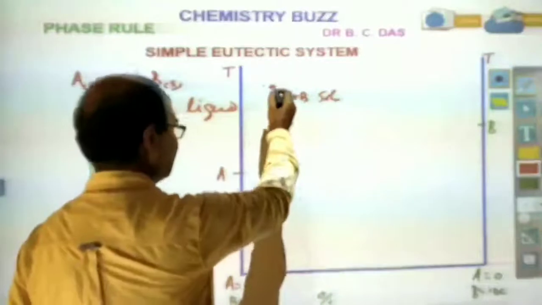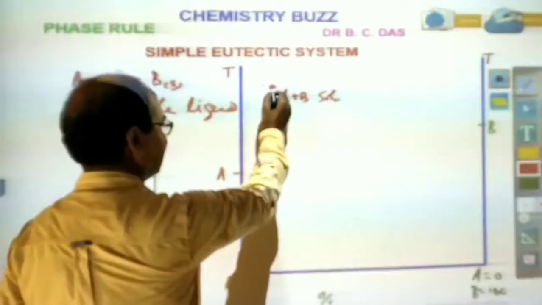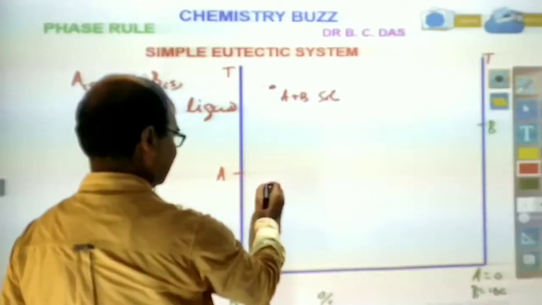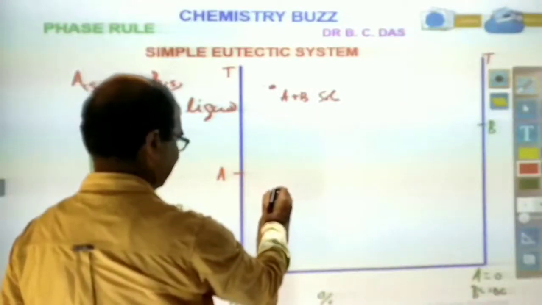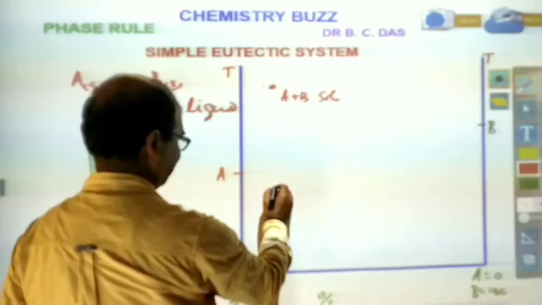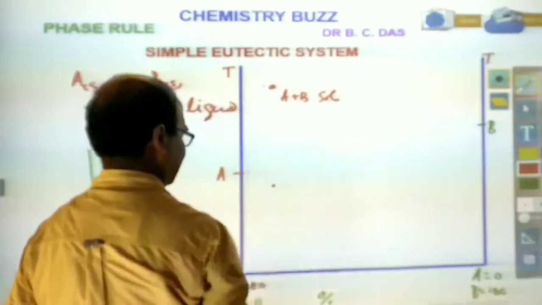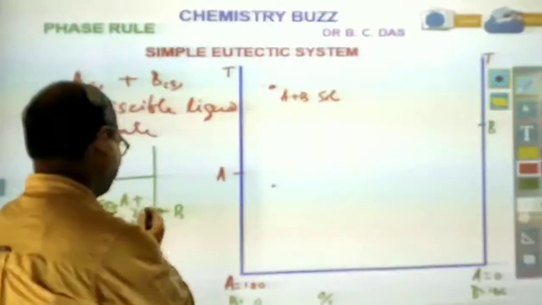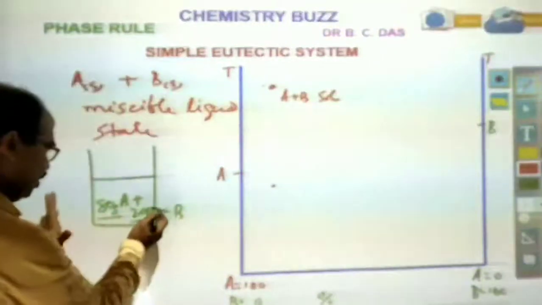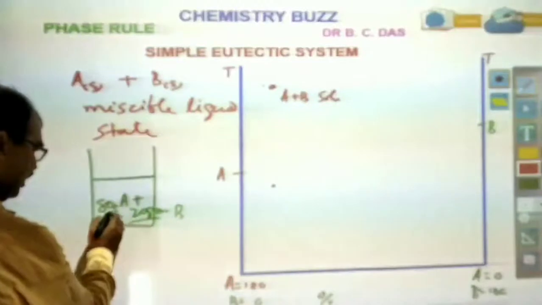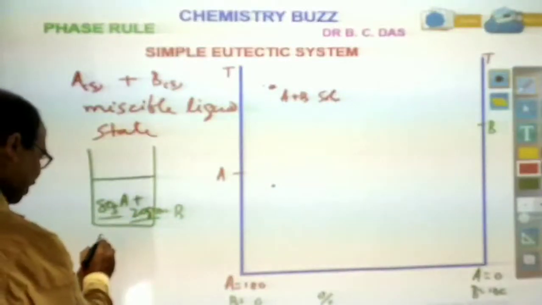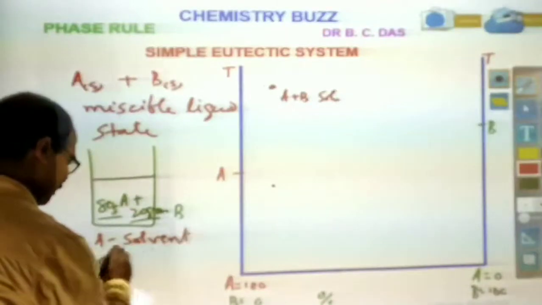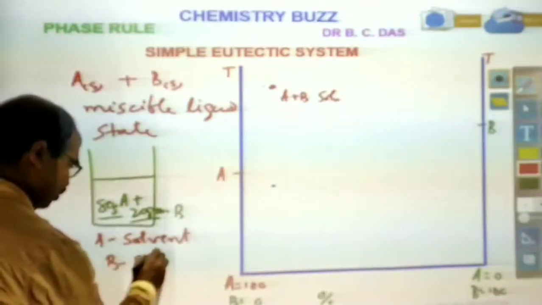So when we cool it, the temperature will fall to here, and say at this point it starts solidifying, because we have added the two components. A we can take as the solvent, and B is the solute.